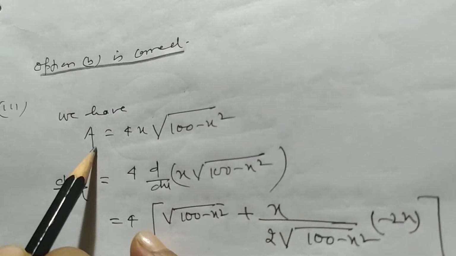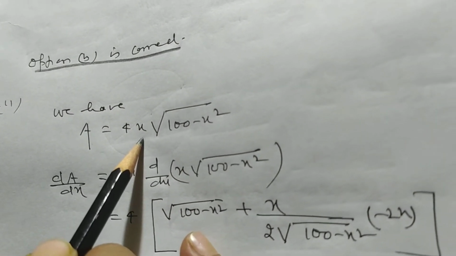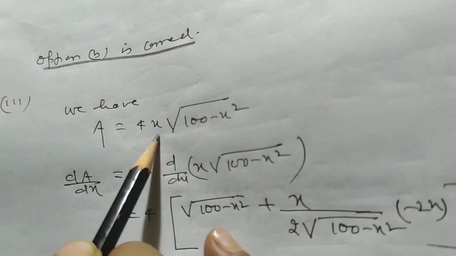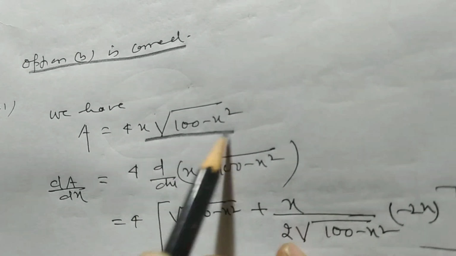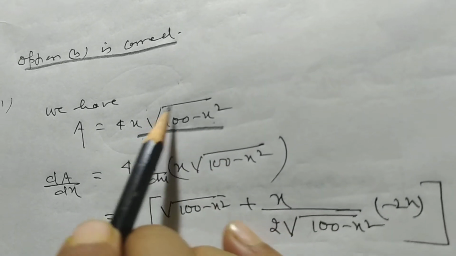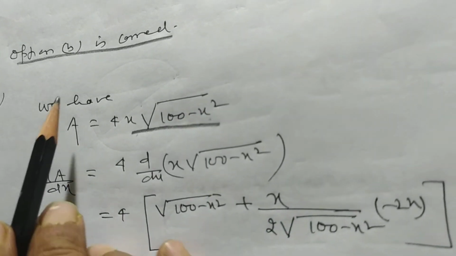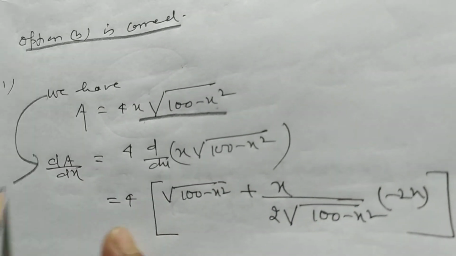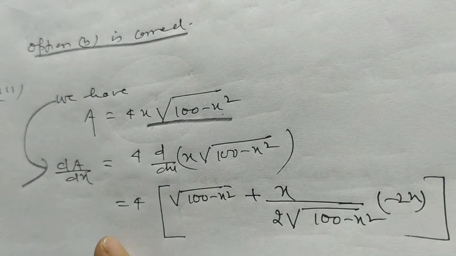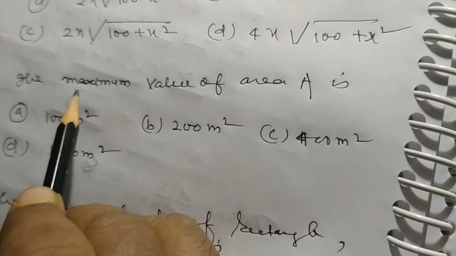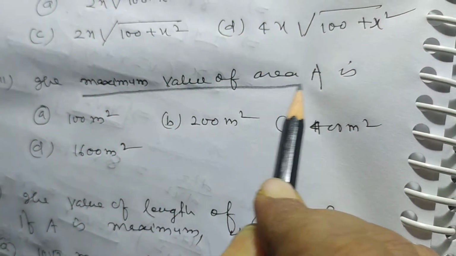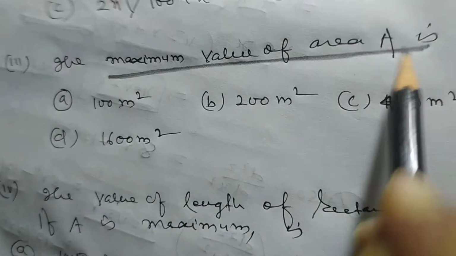We have A is equal to 4x into y, and the value of y is root over 100 minus x square. So now here we will use the concept of maximum and minimum. In problem number 3, the maximum value of area is asked.